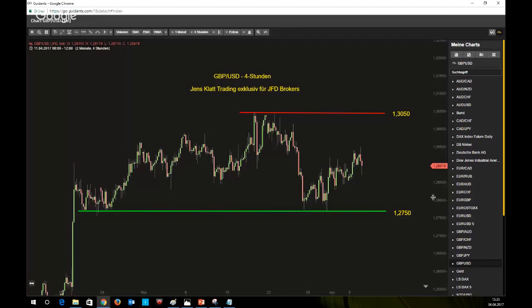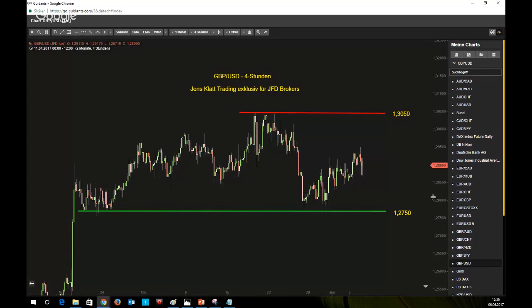So I could give you a setup here, or I could give you several setups on pound sterling crosses, which have, from a seasonal perspective, a very attractive environment right now. So from a seasonal perspective, GBP is right now reaching a very profitable and very positive seasonal pattern here, meaning that GBP from a seasonal perspective should be considered long in nearly all crosses.